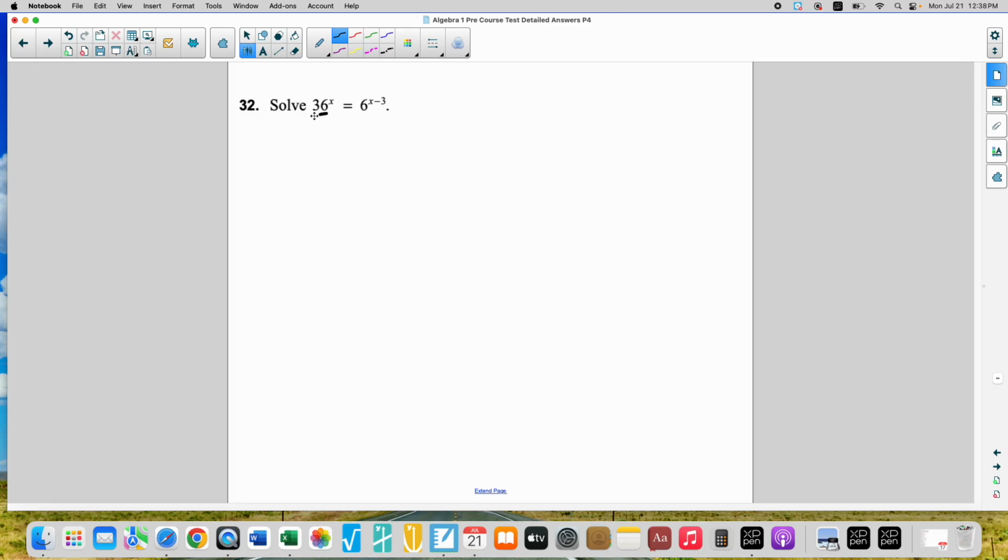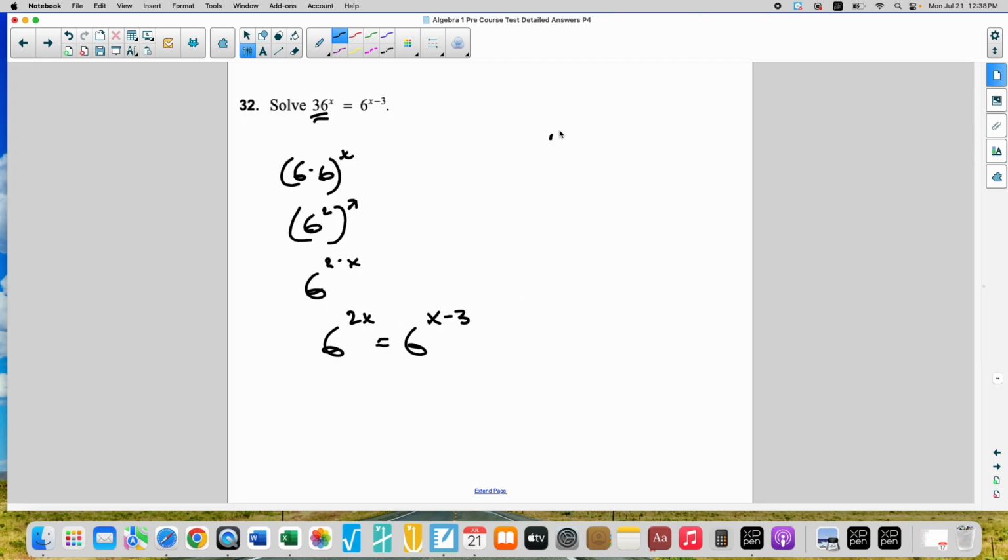All right, so let's look at 36. 36 can be written as 6 squared, so 6 squared to the x, or 6 to the 2 times x, or 6 to the 2x. And now that equals 6 to the x minus 3. And if you have the same base and the powers are equal, then the exponents are equal.